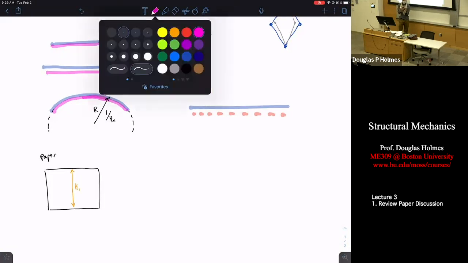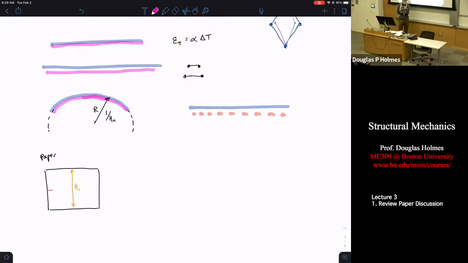And I could also ask, what's the curvature in this other direction? Kappa 2. So curvatures are not a scalar. They're actually just like stress. They're typically represented as a tensor.